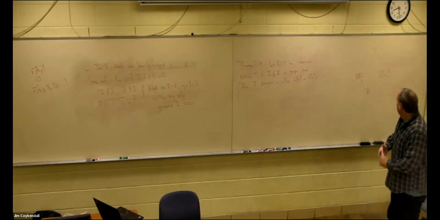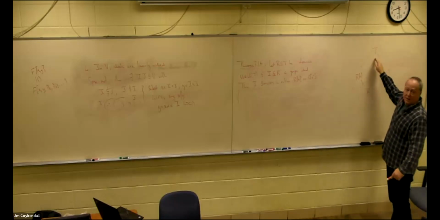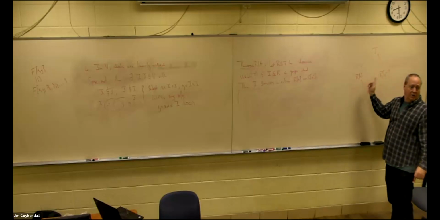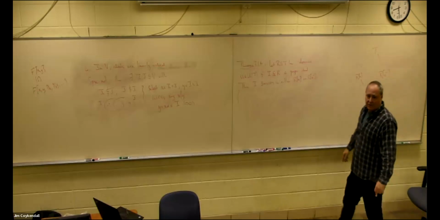Here's R, the little one inside of T. U is also in T, so these are intermediate rings. This is the smallest ring that contains R and U, and this is the smallest ring that contains R and U inverse.